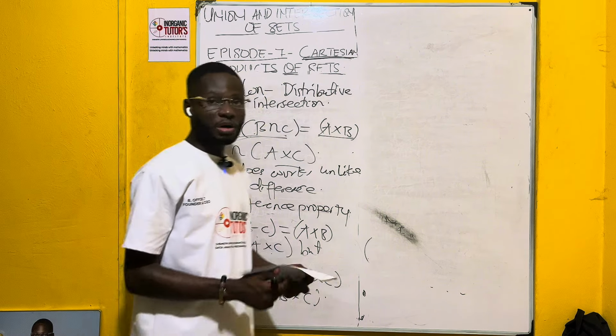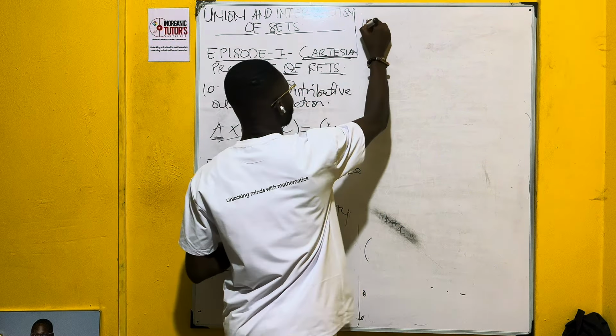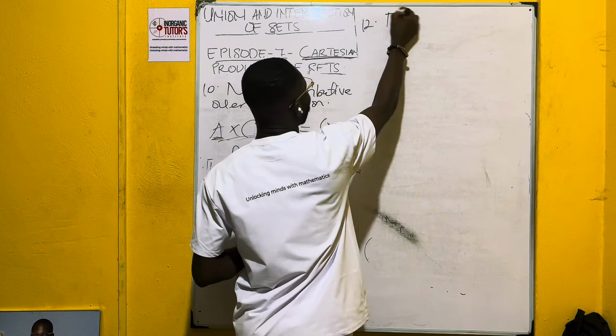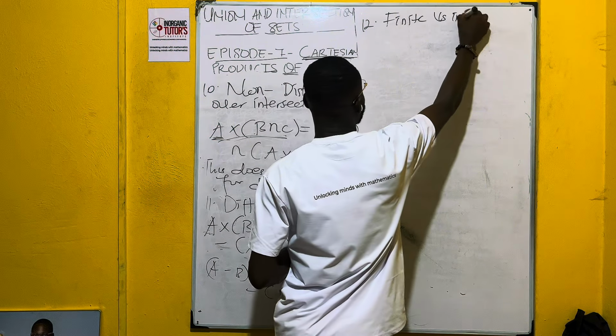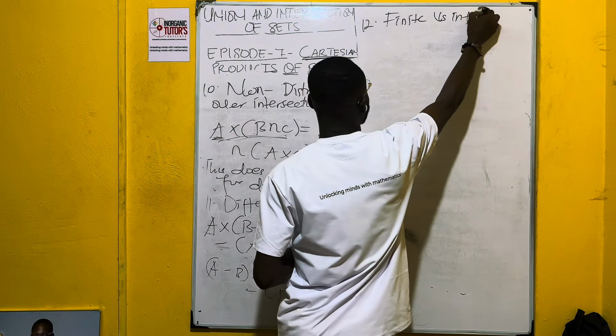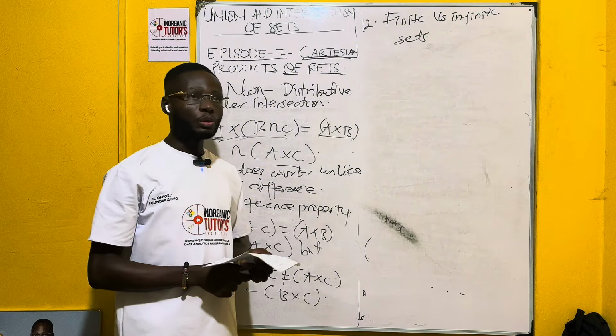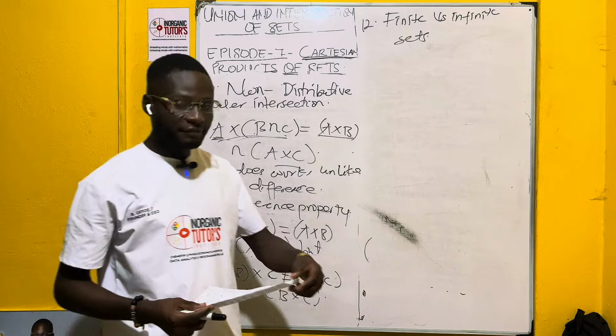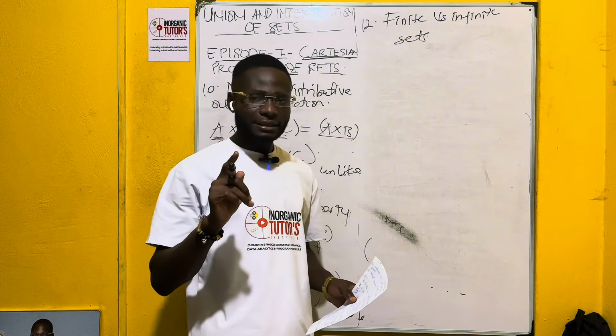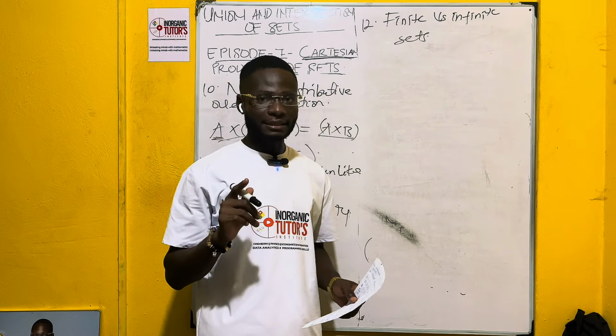Now let's look at the 12th property, which is the finite versus infinite set. If both sets are finite, then the product is also finite.